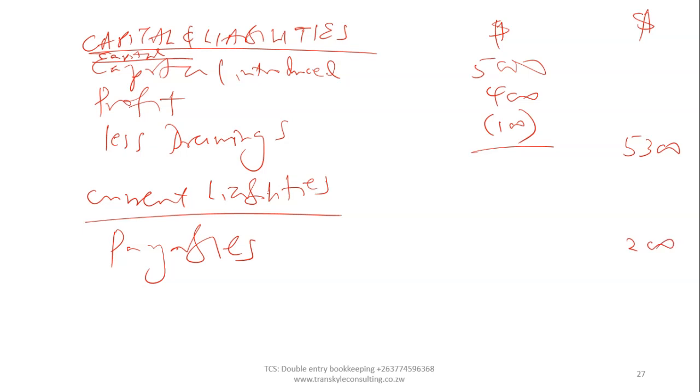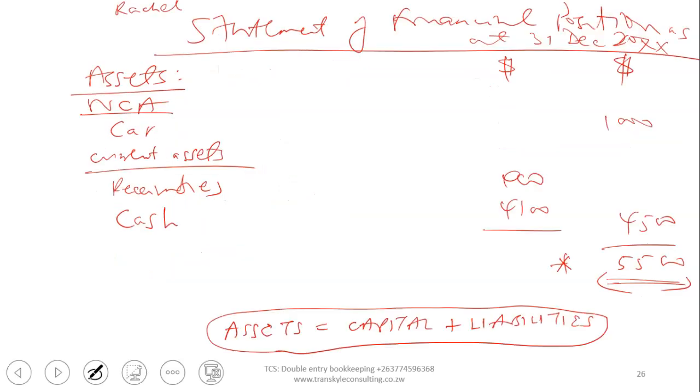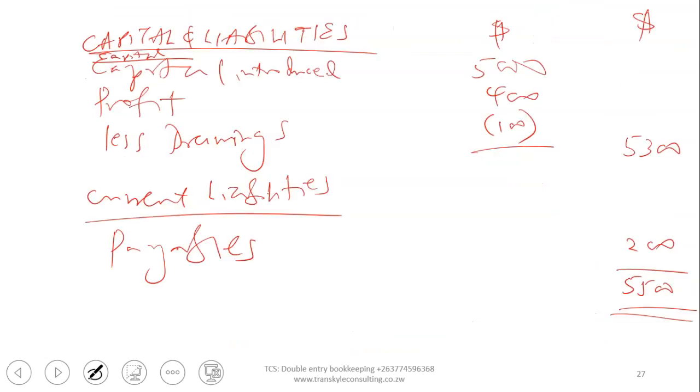If you add them up, the capital 5.3 plus the liabilities of 200, you are going to come to 5,500. And this is the same amount as this one, 5,500. I hope, ladies and gentlemen, when it comes to double entry, you are now home and dry.